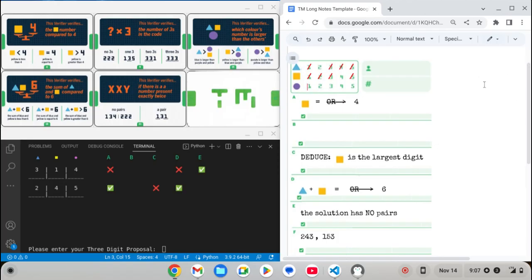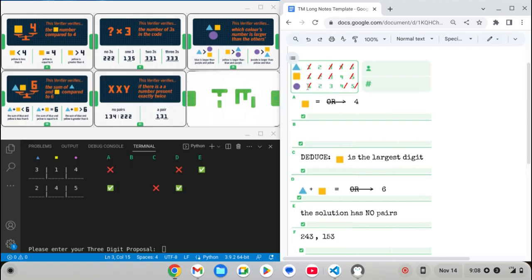And we know that square is the largest, so that means circle cannot be either 4 or 5. Circle has to be smaller. You can't pick between 1 and 2. There's no way to distinguish those two. Those would be ambiguous solutions.